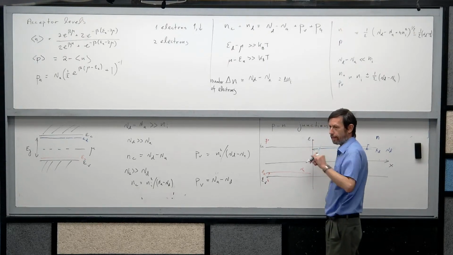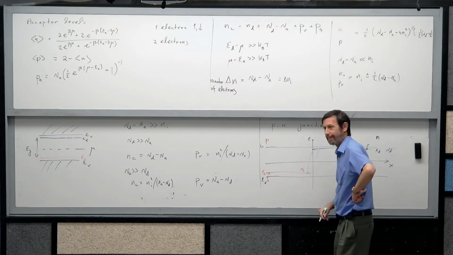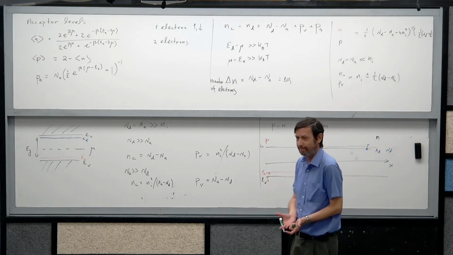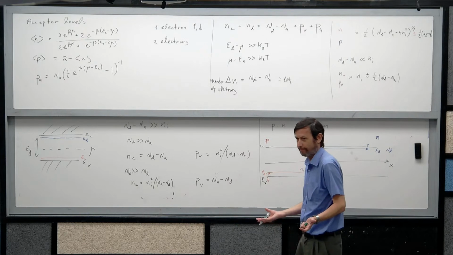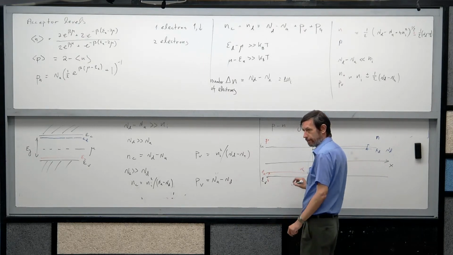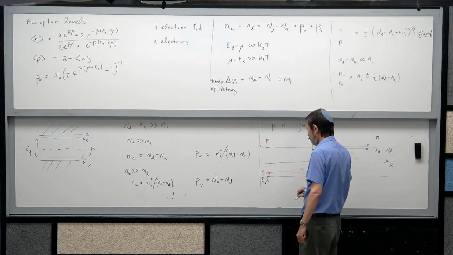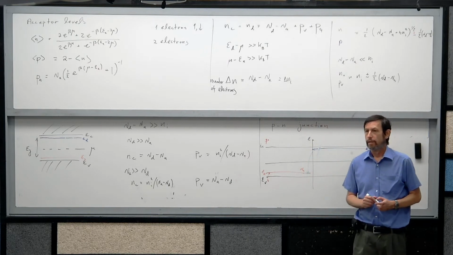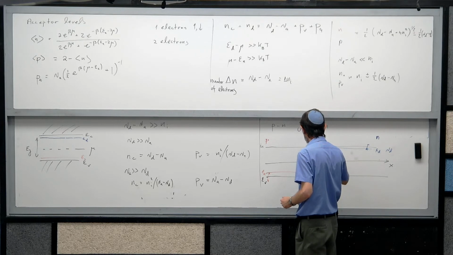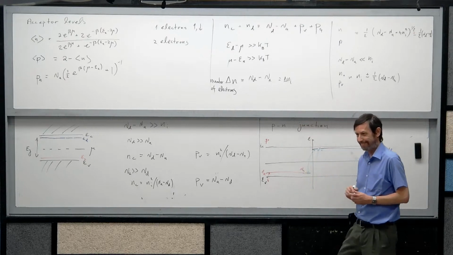But this electron looks to its left and says, wow, there's a very nice level that is empty to the left of me. Let's go there. So this guy will move to here, and his neighbor will move to here, and so on and so forth. So here I'll have a hole, here I have a hole, here I have a hole.